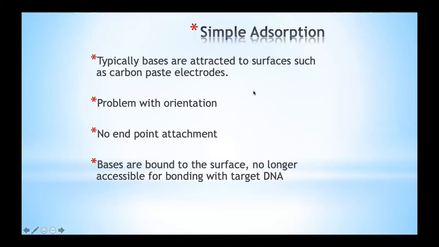Simple absorption is usually used if the sensor surface is carbon-based. It is used because it is simple, but the problem with simple absorption is the orientation of the biomarker. Since DNA requires an endpoint attachment of the DNA probe, for example, then the simple absorption is not practical for DNA biosensor.